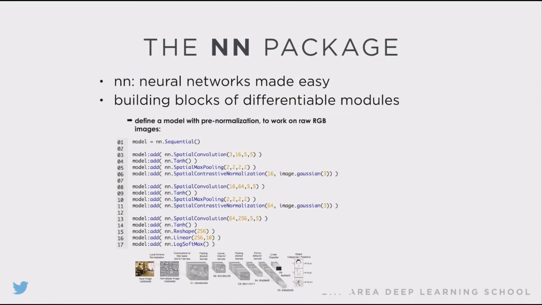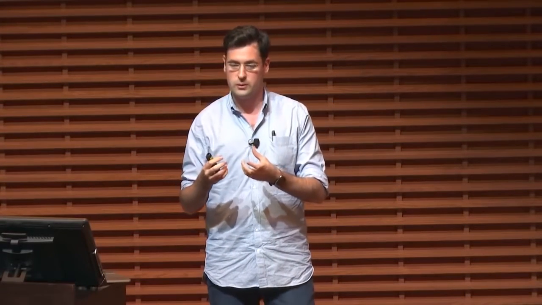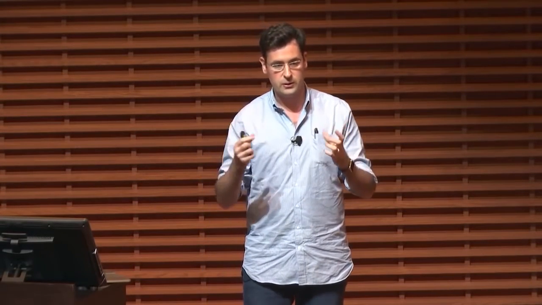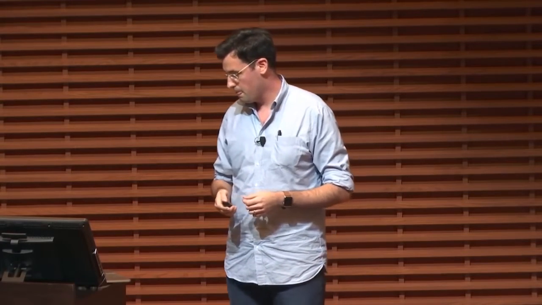And then I might click in a spatial convolution, so I'm working with images maybe, a nonlinearity, some max pooling, and some other layers to complete the whole neural network. And then I might add a log softmax at the end to compute class probabilities. So that's the structure that you'll build neural networks with in NN: define a container and then one by one add pieces down a processing hierarchy.